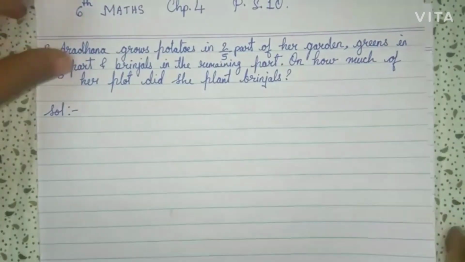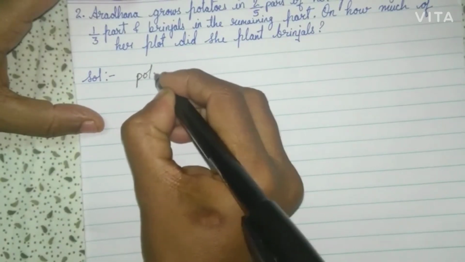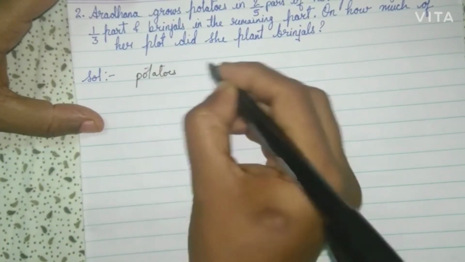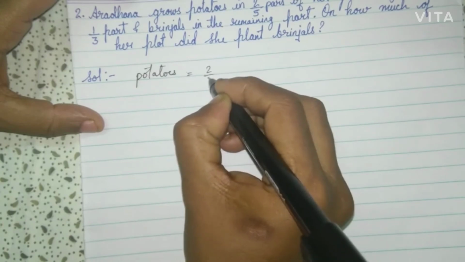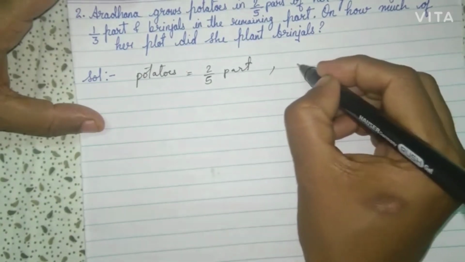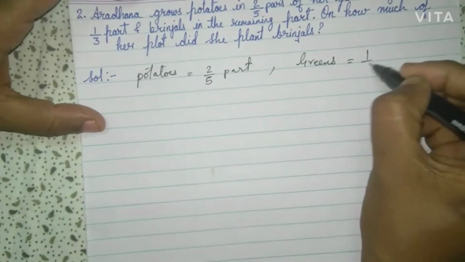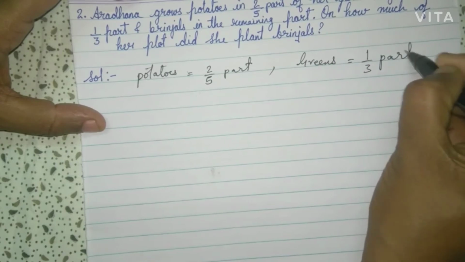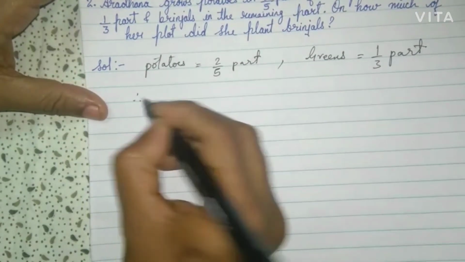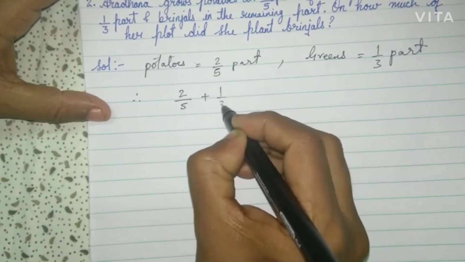Let's solve the sums. So first, potatoes 2/5 part and greens 1/3 part. So therefore 2/5 plus 1/3.